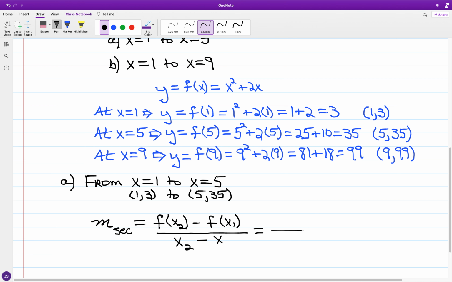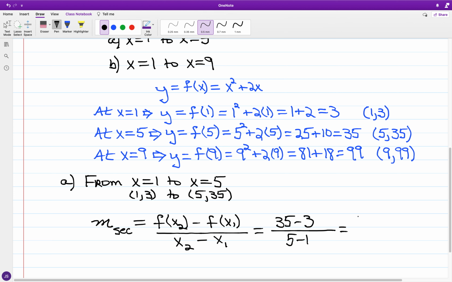So, setting up the difference, f of x2, that'll be 35. And you have minus f of x1, that is your first y coordinate, so that's 35 minus 3. x2 minus x1 is going to be 5 minus 1.